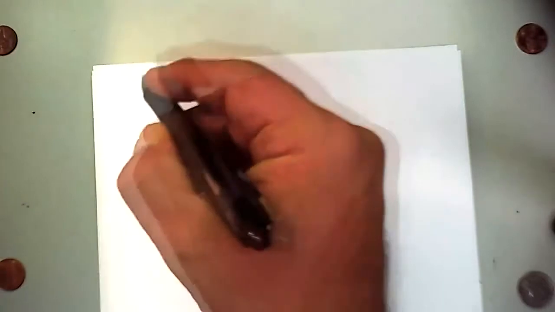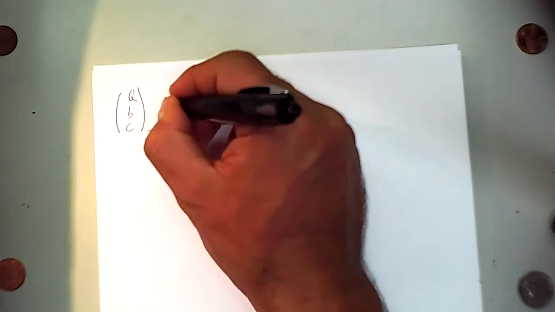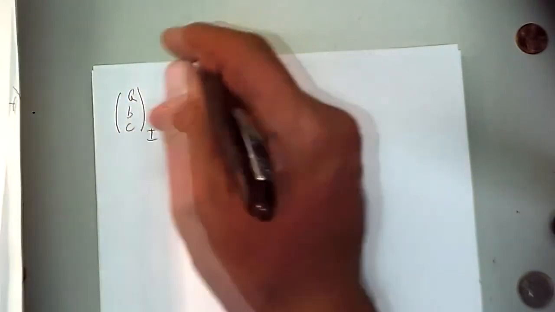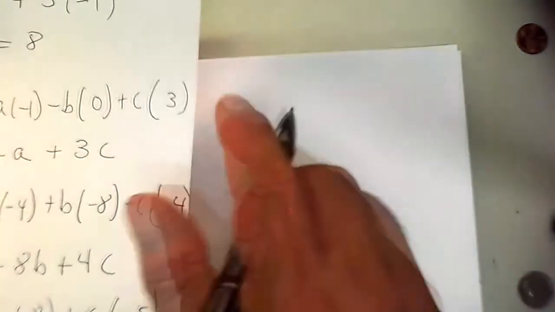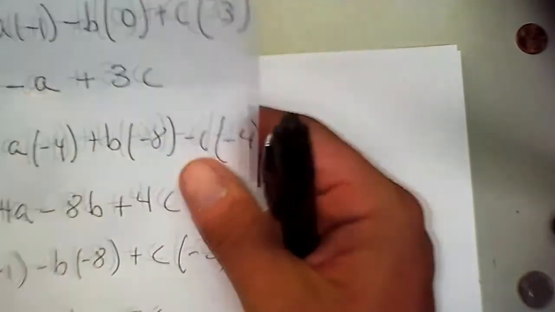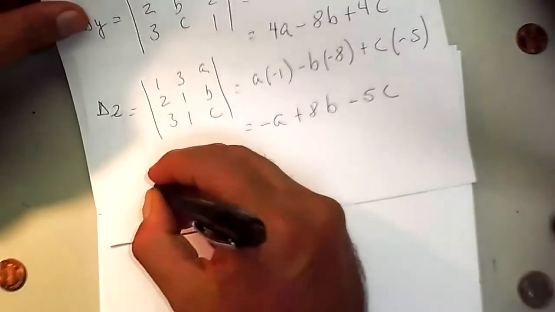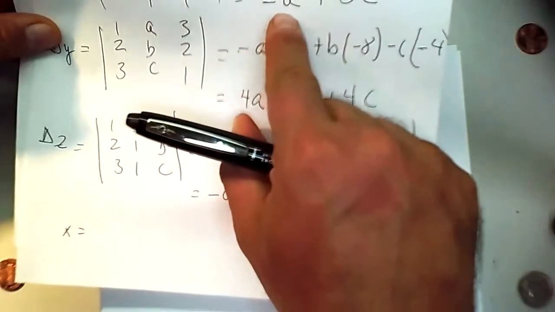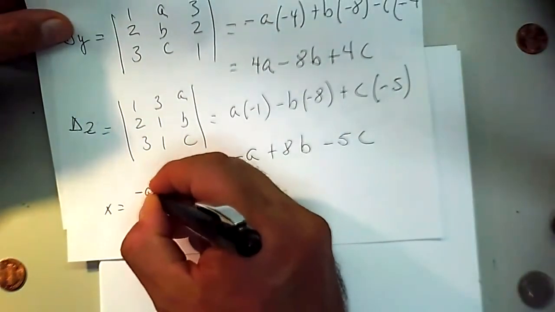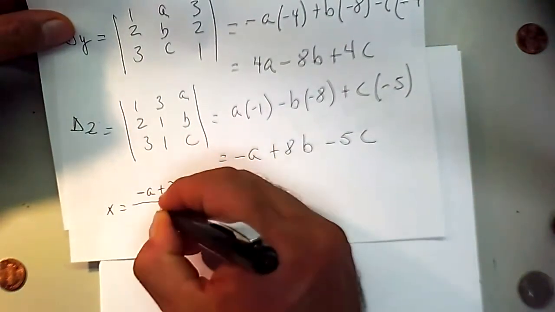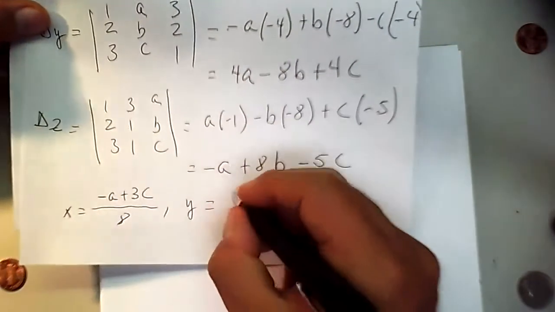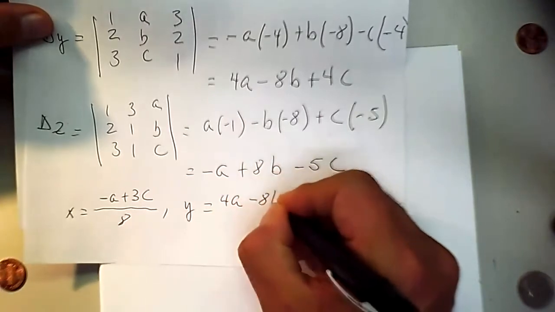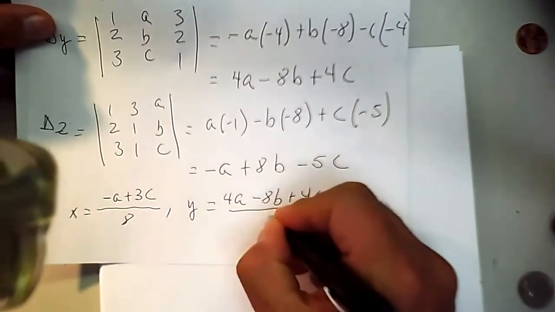So the coordinates A, B, C, which are in a standard basis, will be, where is it? Oh, okay. We're going to divide by 8. Let me write down what we have so that we know what's going on. So x is equal to (negative A plus 3C) over 8, comma, y is equal to (4A minus 8B plus 4C) over 8.